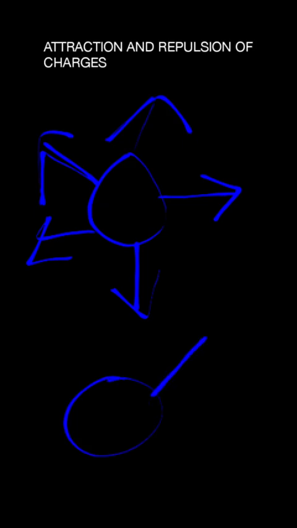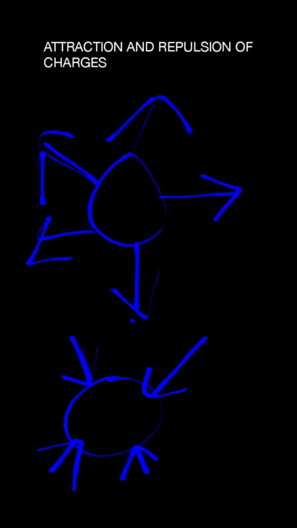Charges create electric fields around them. For a positive charge, it creates a field pointing away, like this. For a negative charge, the field points towards itself, like this. That's why a positive charge and a negative charge will attract, because one is pointing away and the other is going to receive.